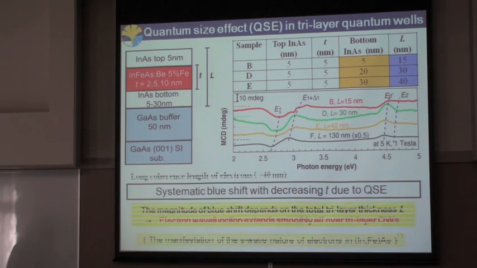So this means electron wave functions are not confined in this magnetic semiconductor layer, but confined in the tri-layer. So electron wave function extends smoothly all over the tri-layer quantum well. So this means the S-wave-like nature of the electrons in indium iron arsenide.